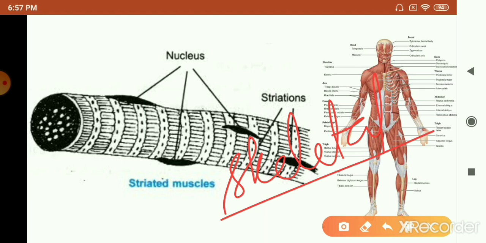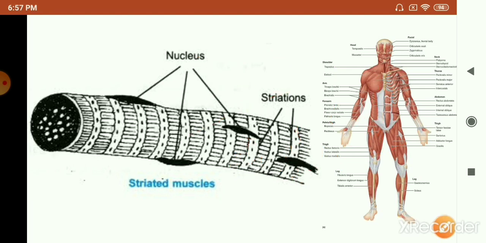Because these muscles are attached to the bones. So the muscles present in your limbs, hands and legs, your tongue, the upper pharynx region, all these regions contain the striated muscles, which are also called the voluntary muscles.